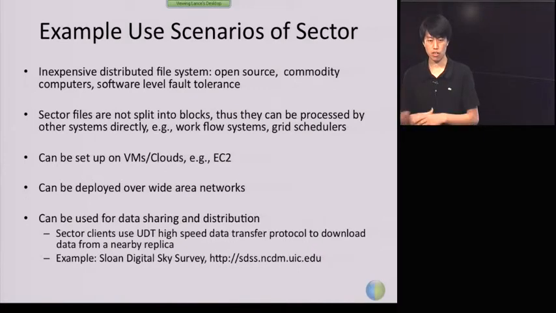For example, if a user from South Korea connects to this system, he or she may download the data from one of the replicas in Japan. We have a small cluster in Japan with some 50 terabytes of storage, and the user can download data from there.